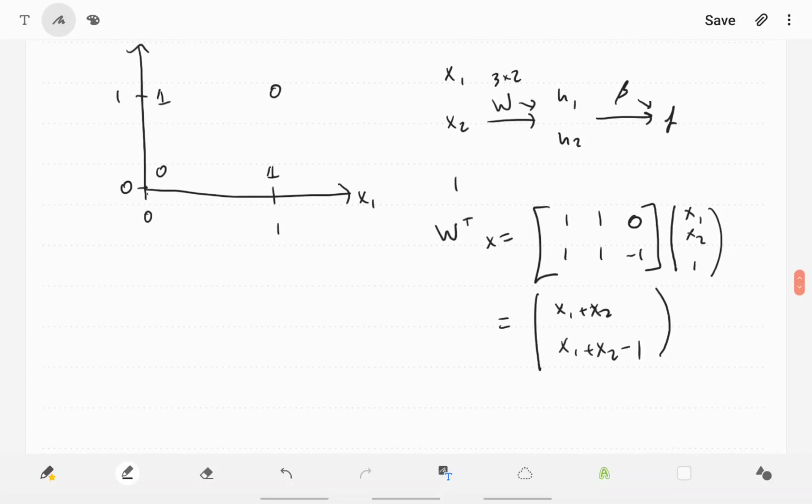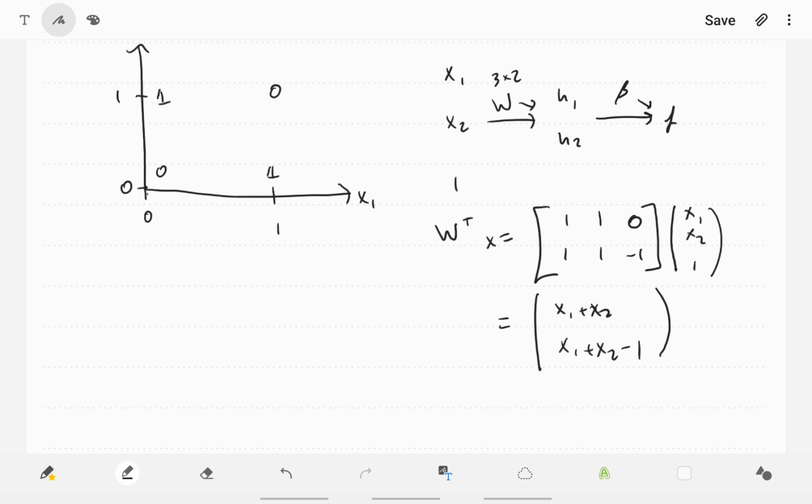Now, why did I construct W in this way? Well, x1 plus x2 is going to be 2 if AND is true, and x1 plus x2 minus 1 is going to be non-negative if OR is true, right?